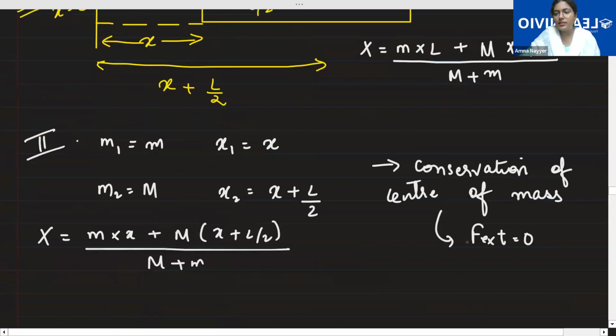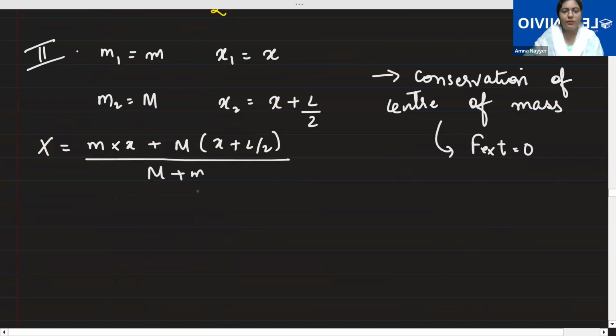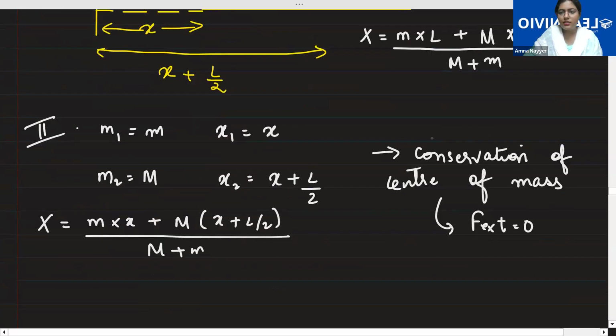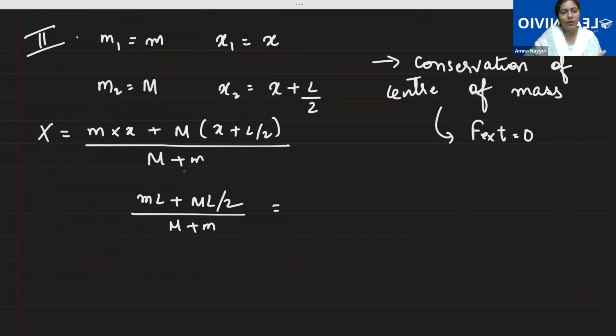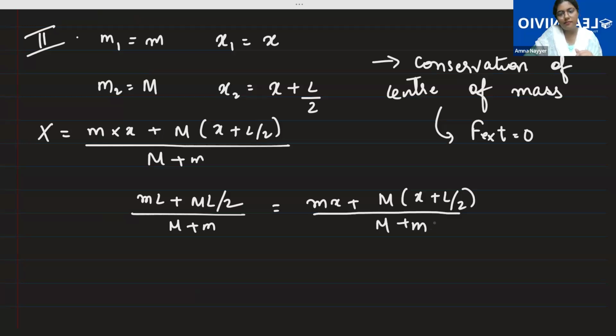See, conservation of center of mass: if external force is 0, both of the center of masses will be the same. So this is ml plus ml by 2, divided by m plus m, will be equal to this: mx plus m into x plus l by 2, divided by m plus m.